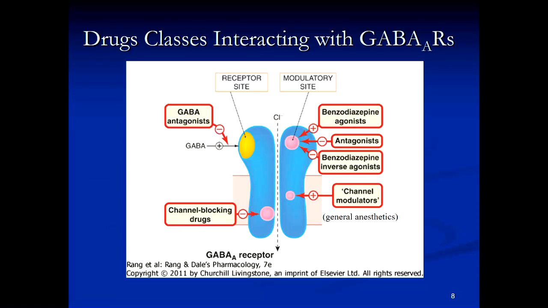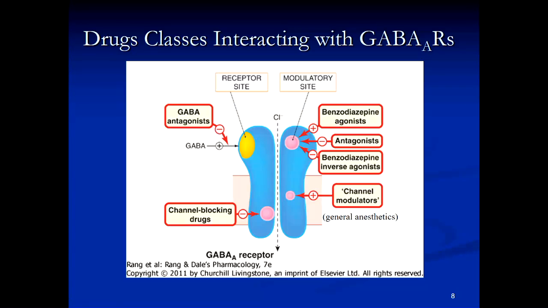This is a diagram that you've seen a number of times now, the GABA A receptor, and we've talked about how GABA A receptors work and where other drugs modulate this receptor. It's been a very important drug target in terms of explaining the mechanism of action of a lot of the drug classes we've talked about. In the case of general anesthetics, it seems there is a modulatory site in this lipid environment of the inner leaflets of the phospholipid bilayer where this receptor spans the plasma membrane of the cell.